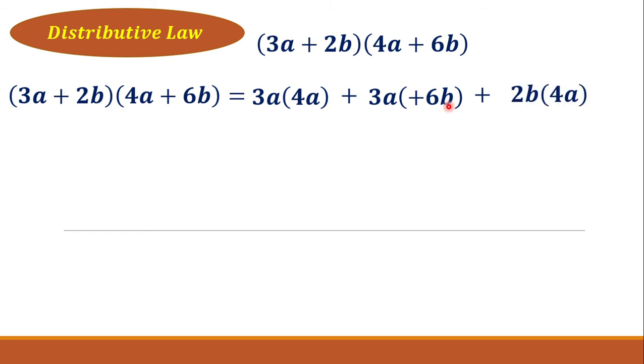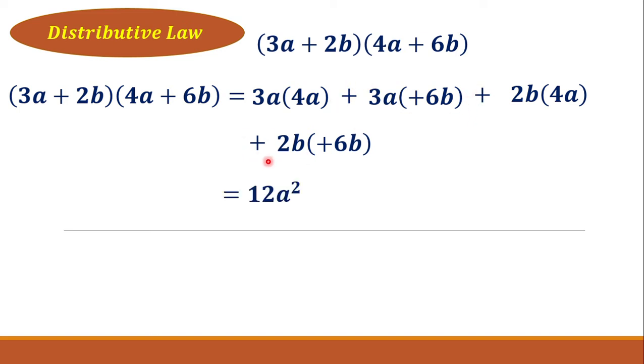And then, 2B multiplied by 4A. Then, another plus. Tapos, ito yung multi natin last, di ba? 2B multiplied by positive 6B. Pansinin nyo, positive din ginamit ko lahat, di ba? Although, positive talaga siya. Pero mas safe kasi pagka positive ang ating gagamitin.